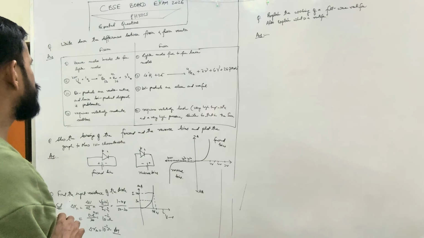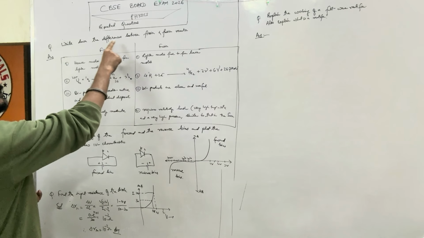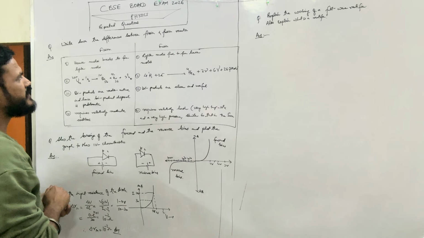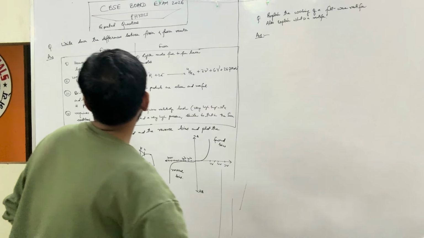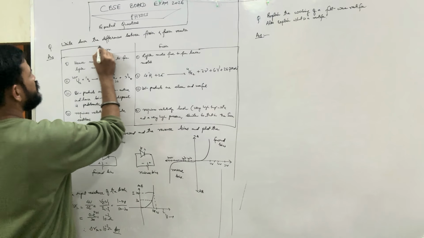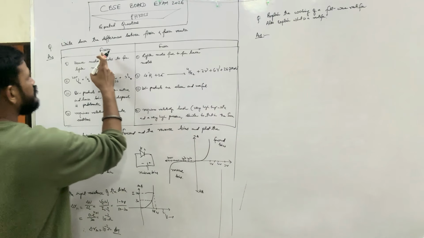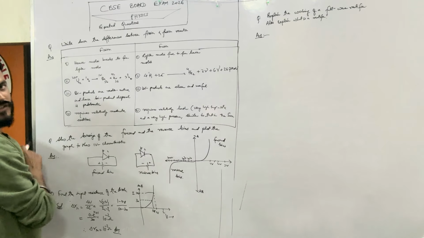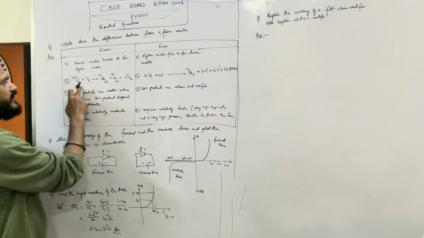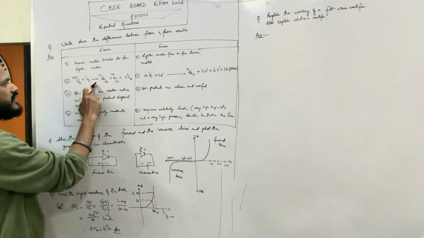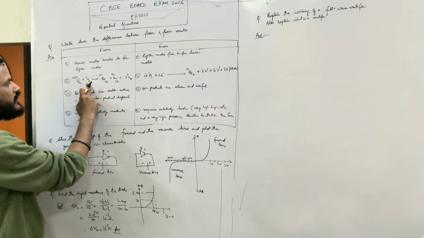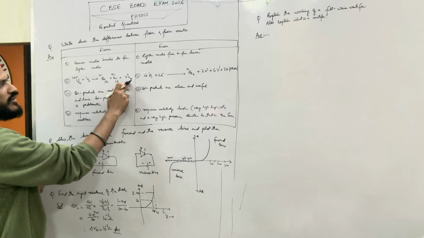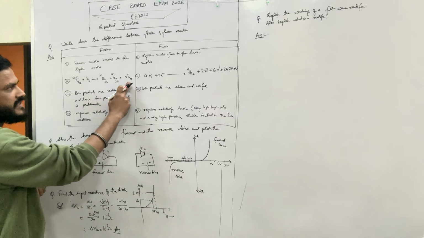So the next important question is to write down the differences between fission and fusion reactions. So we have fission on one side and fusion on the other side. In fission, heavier nuclei break down to form lighter nuclei. Like heavy uranium 235 is broken down by the collision of a neutron and it breaks down to barium and krypton, and three other neutrons get released.